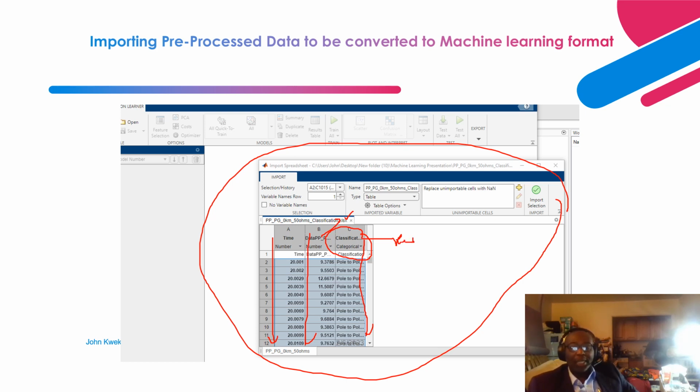So the next thing I do is select import. Right. So once I select import, then basically I go to the next slide.